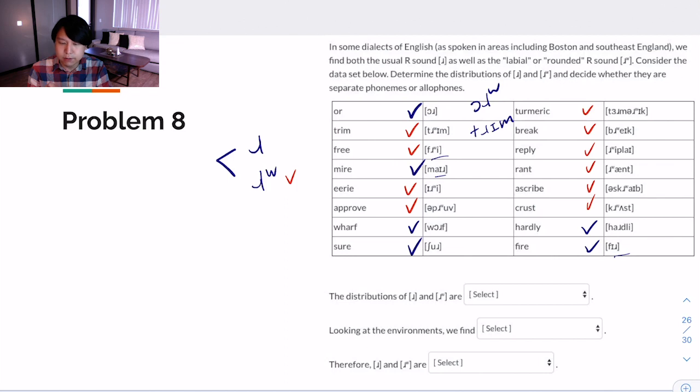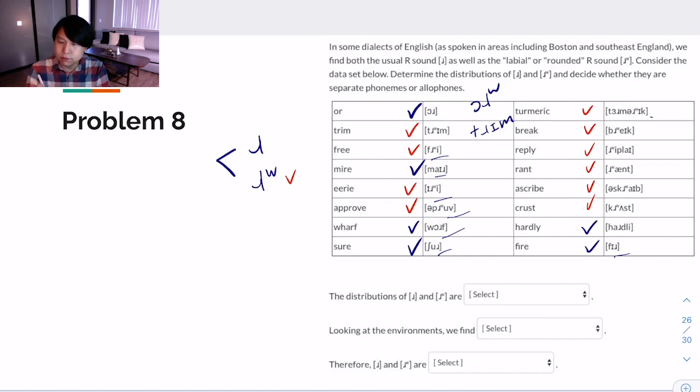Meyer with W? No. Eerie without W? No, there's no such thing. Approve without W? There's no approve without W. Wharf with W? There's no such thing. Sure with W? No, there's no such thing.